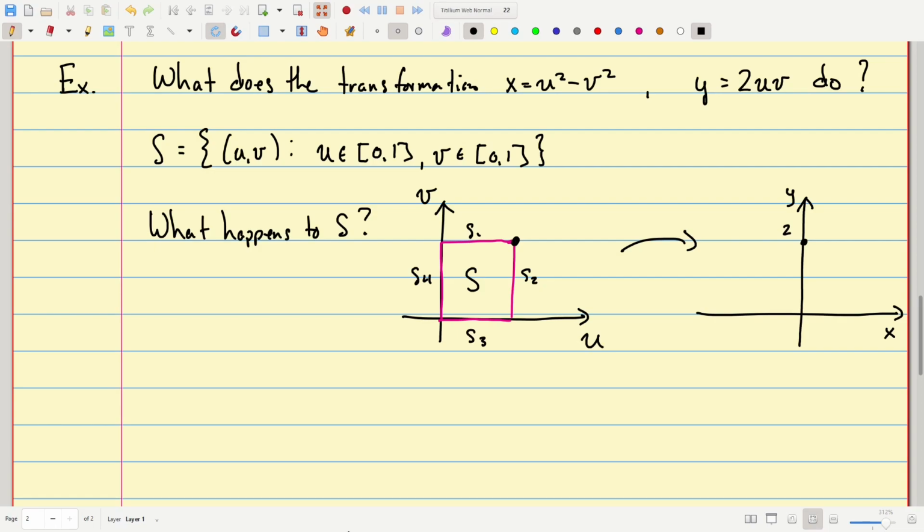Okay. What about this point here? 0, 1. It's going to be negative 1, 0, right? Is u is 0, and I get 0 minus 1 squared for x, and then 2 times 0 times 1. Okay, so we've done those 2 points now.